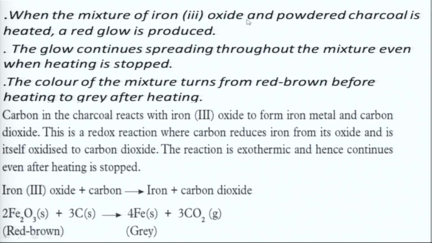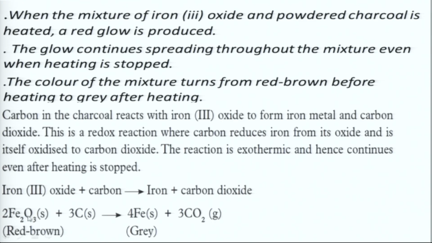So carbon in the charcoal reacts with iron 3 oxide to form iron metal and carbon dioxide. This is a redox reaction where carbon reduces iron from its oxide and is itself oxidized to carbon dioxide. The reaction is exothermic and hence continues even after heating. What does this mean?